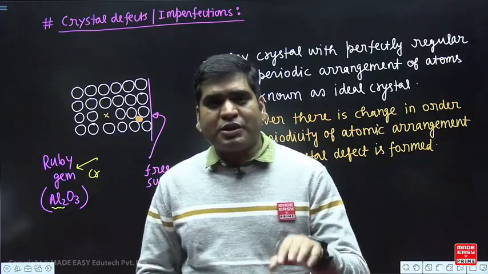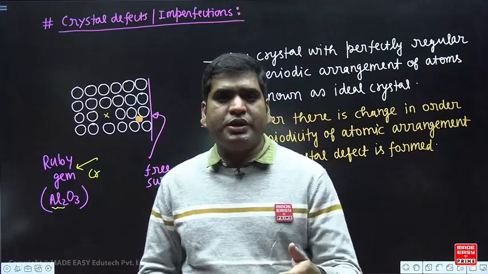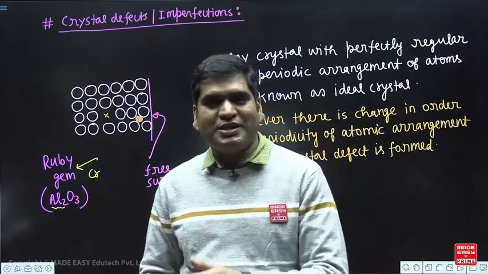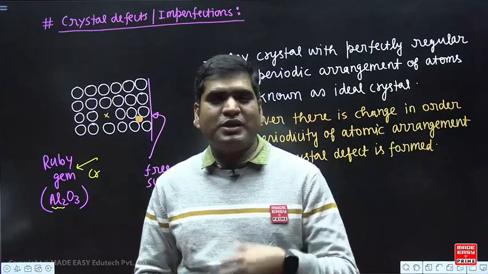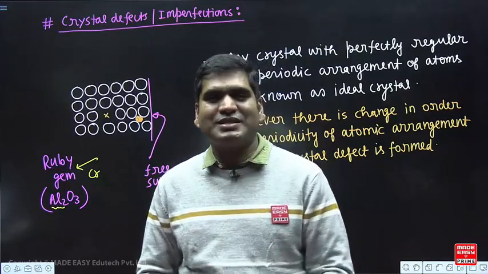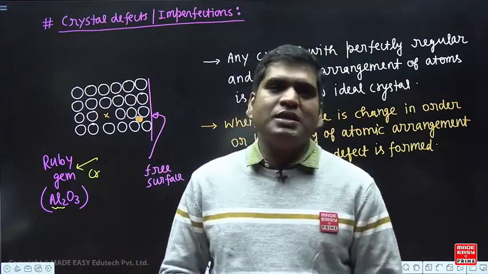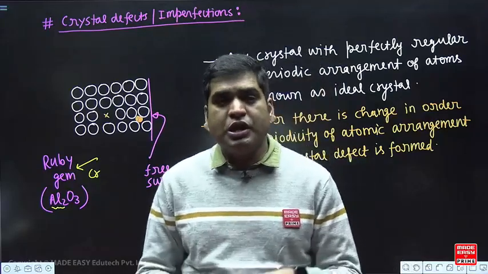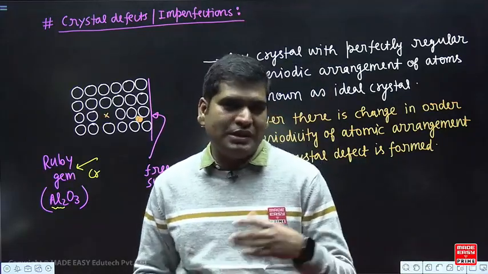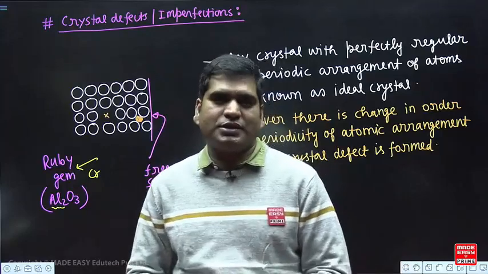So in a semiconductor we willingly add impurity to increase conductivity or decrease resistivity, whereas in ruby we add chromium to enhance its color. So my point is, sometimes we willingly add impurities to change a particular property, either to upgrade or to degrade it.